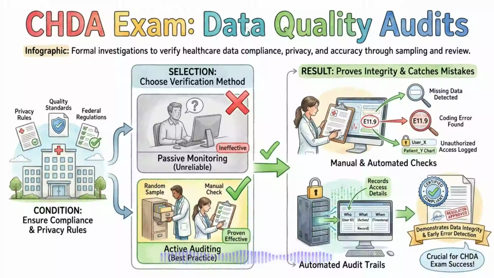To ensure all these privacy and quality rules are actually being followed, hospitals regularly conduct formal data quality audits. An audit is an active investigation where analysts pull a random sample of medical records and manually check them for missing data, coding errors, or unauthorized access in modern systems.